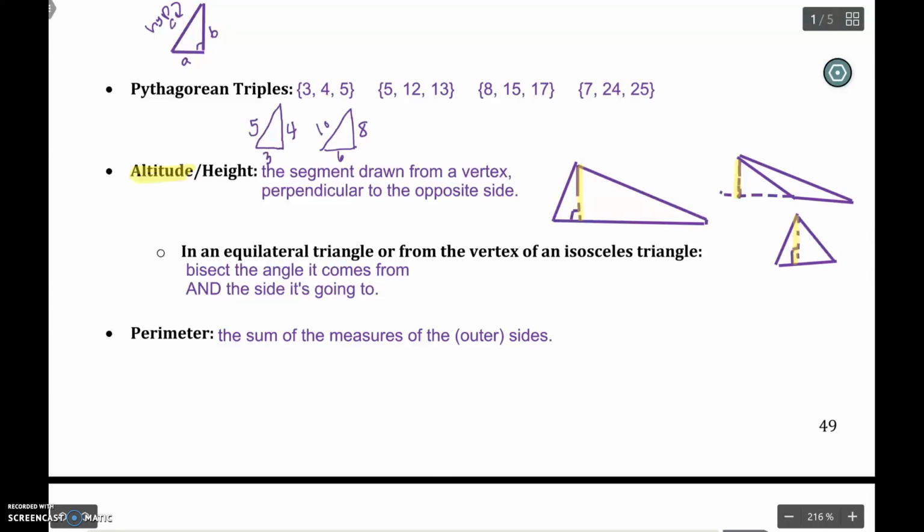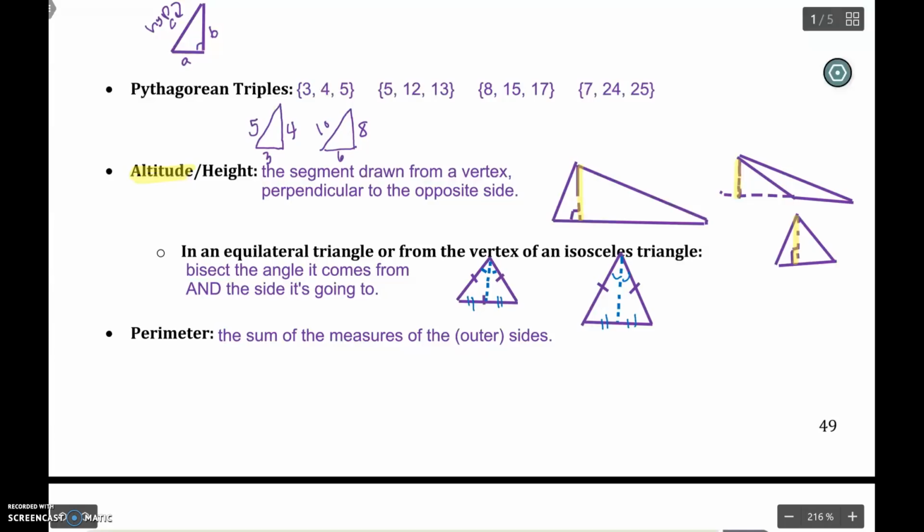If you have an equilateral or an isosceles triangle, and you draw an altitude from a corner where the two lines that make up that corner are congruent, or any one of these in an equilateral triangle, then that altitude is going to bisect both the angle it's coming from and the side that it goes to, and cut it in half.